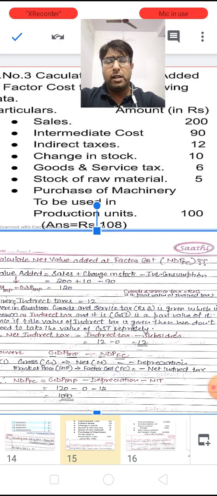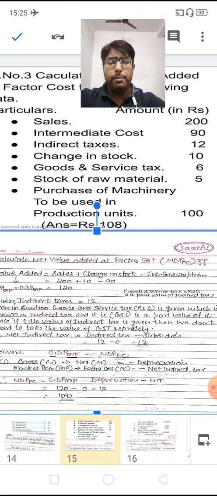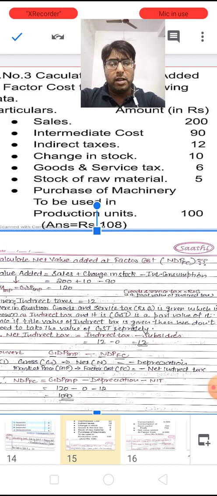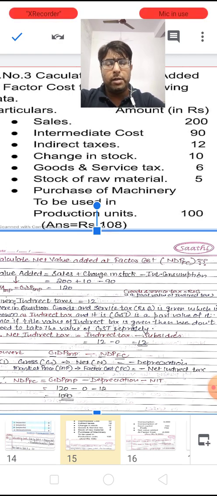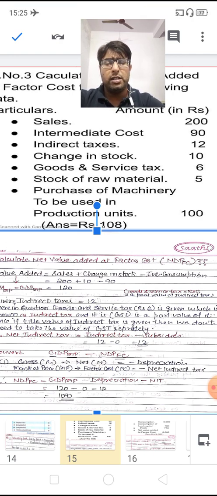Now once we are converting GDPMP to NDPFC, we first convert gross to net. N means net. So while going from gross to net, we have to subtract the depreciation. From domestic to domestic there is no change, and from product to product there is again no change.